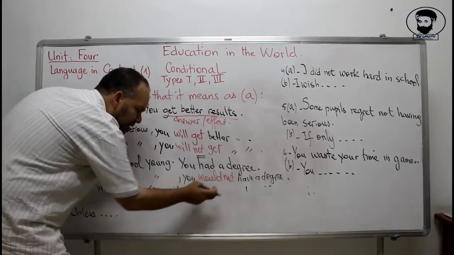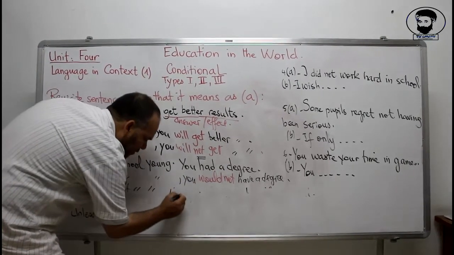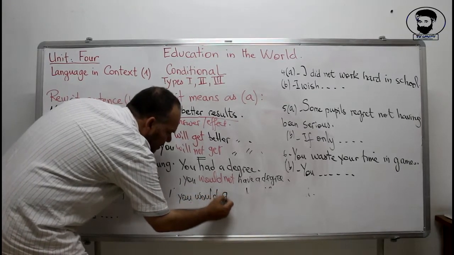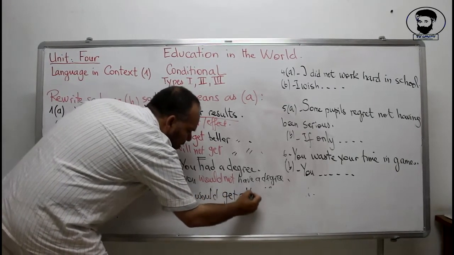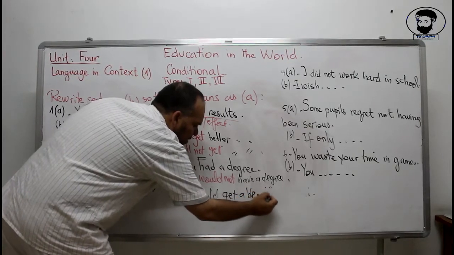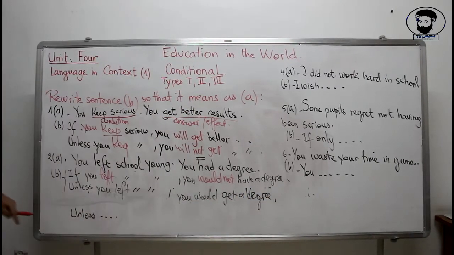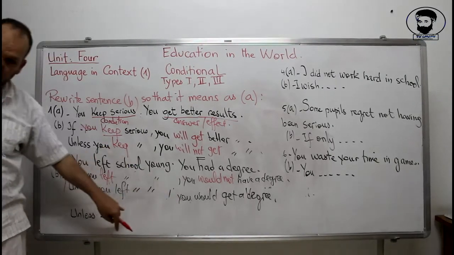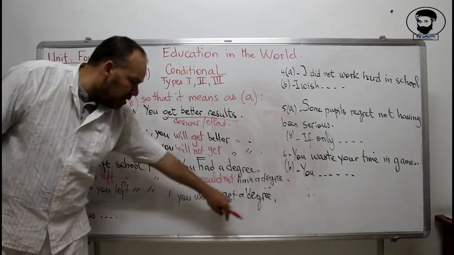Here it's negative, so it becomes positive. You would get a degree. So, unless you left school young, unless you did this, you would get a degree.